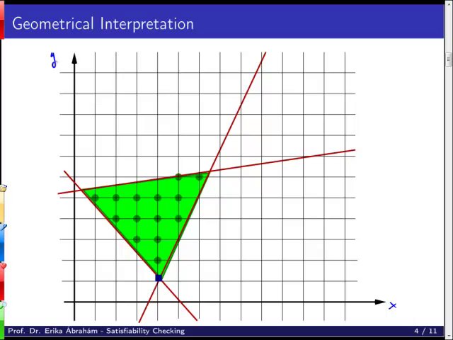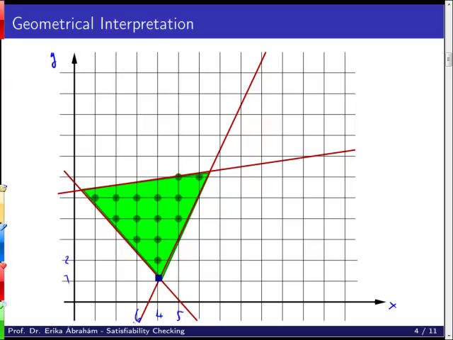Maybe I can insert a new equation, a branch, which inserts the condition that I will land on an integer value. For example, here I could say y greater or equal to. So I cut off the small triangle below.